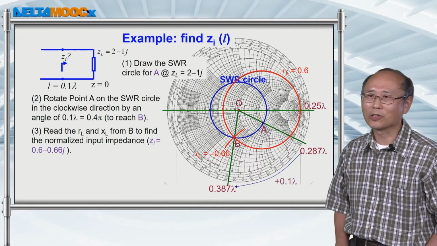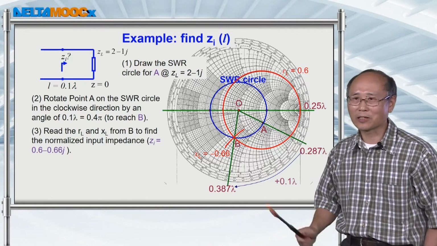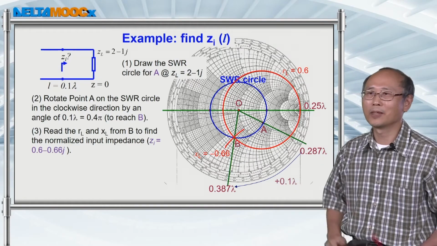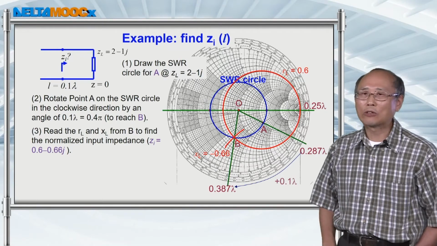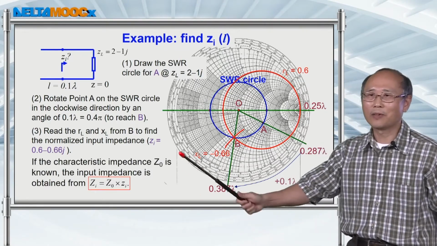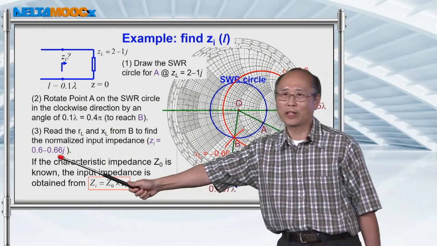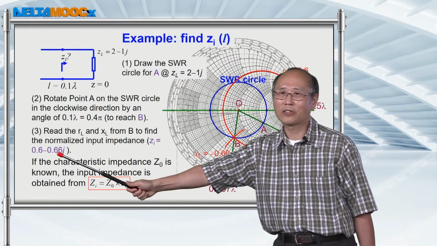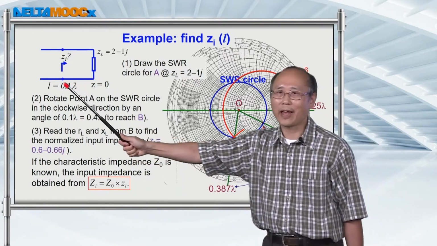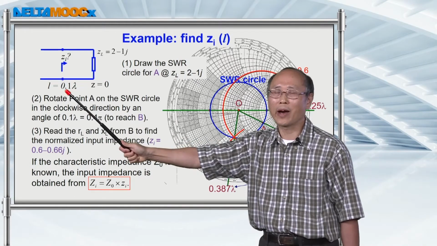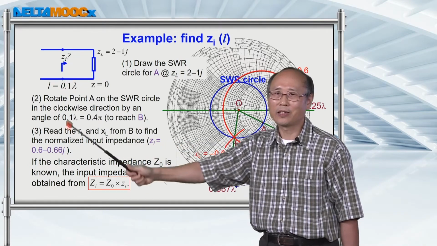That is your normalized reactance at this B location. So once you have the RL and also XL, then you know the normalized impedance to be equal to 0.6 minus 0.66j. This means that the normalized impedance at this L equal to 0.1 wavelengths is equal to this value.